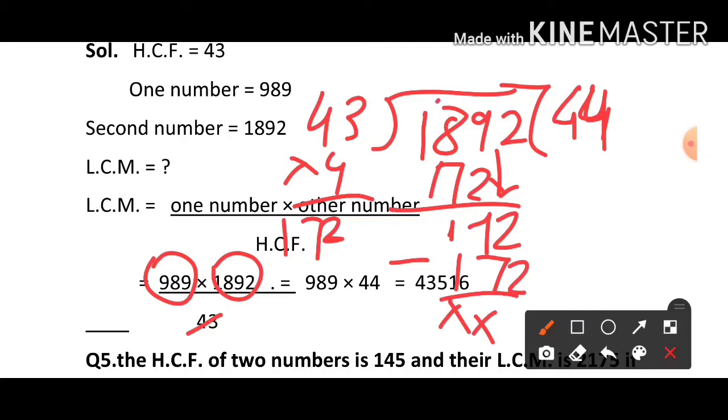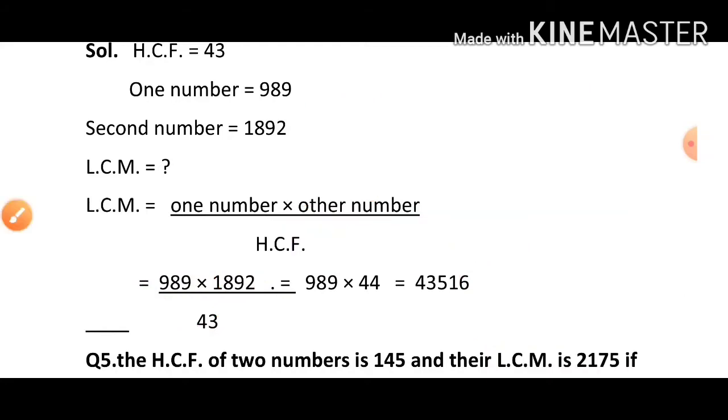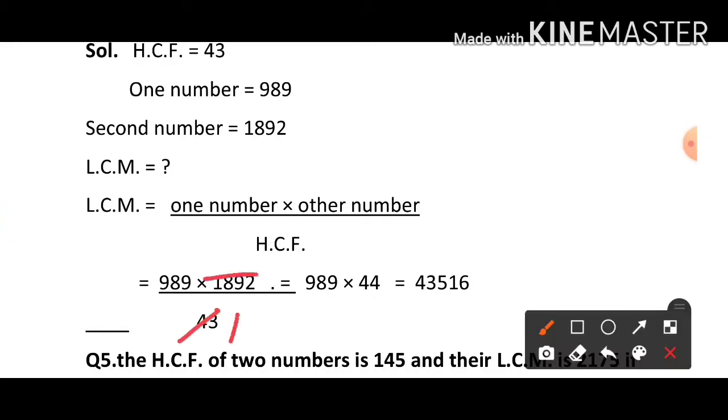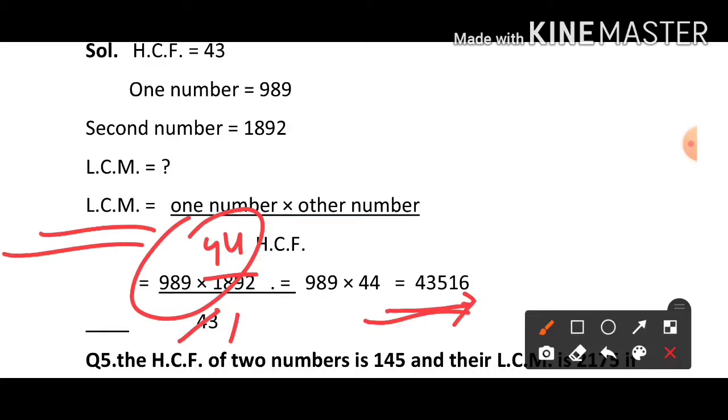It means 1892 is divisible by 43 44 times. Now multiply the remaining numbers. So here the remaining numbers are 989 into 44. You can see that 43 ones are 43, and 44, 44s are 1892. Now multiply this, so it will be 43,516, which is the LCM of the two numbers.